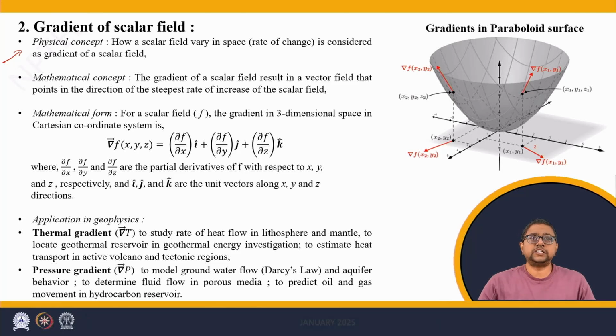In most applications, the predominant use of gradient occurs spatially. The mathematical concept behind the gradient of a scalar field results in a vector field which points in the direction of steepest rate of increase or decrease of that scalar field. We can understand this with the help of the adjacent diagram.